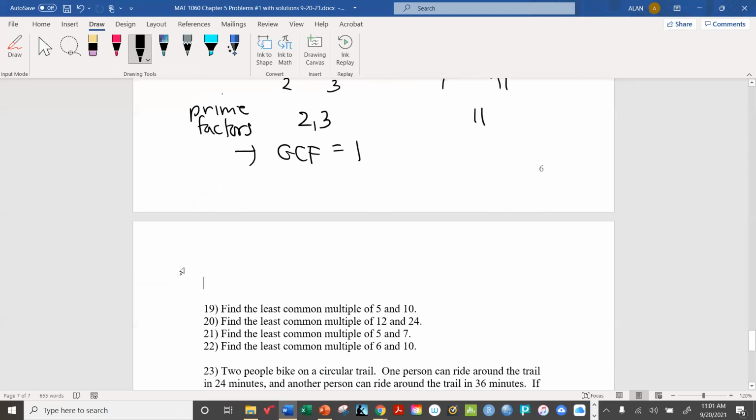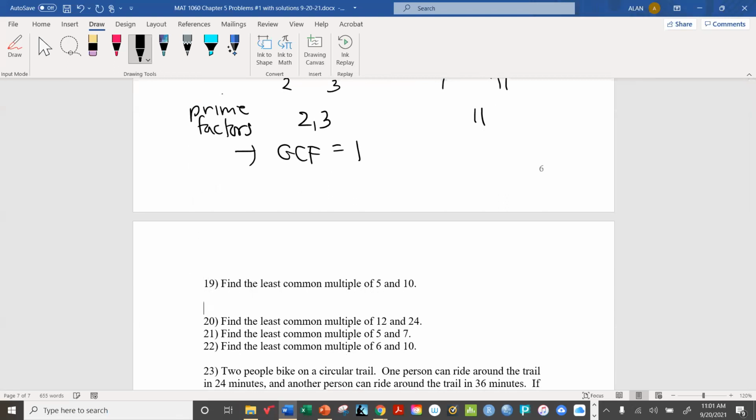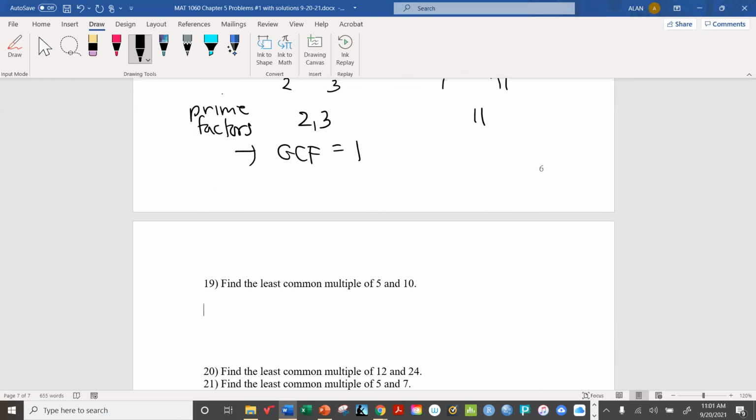All right, now we're going to do the least common multiples. I accidentally started to do this before. So for 5, we have 5, 10, 15, 20, 25, 30, etc. For 10, we have 10, 20, 30. And what do you know? The smallest common multiple is 10.